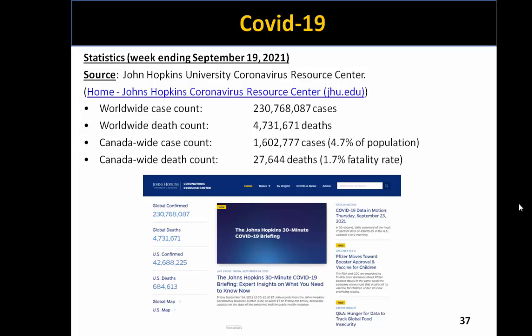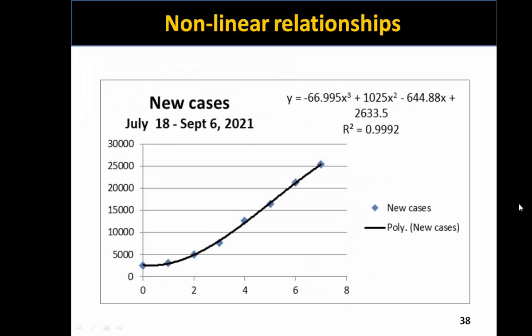If we want to use correlation and regression analysis to get a handle on projecting what may potentially happen, we have to begin with an examination of historical data. This graph is a depiction of new SARS-CoV-2 infections in Canada over the weeks of July 18th through September 6, 2021.